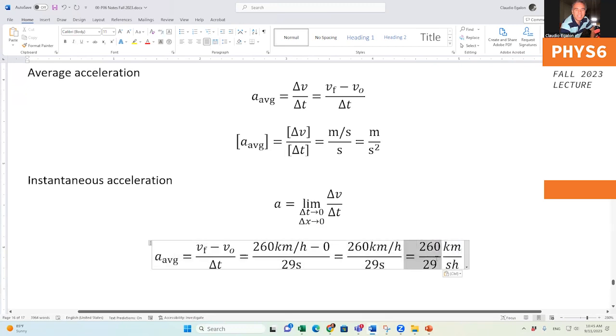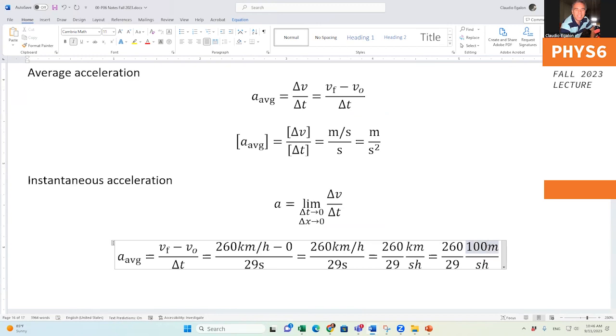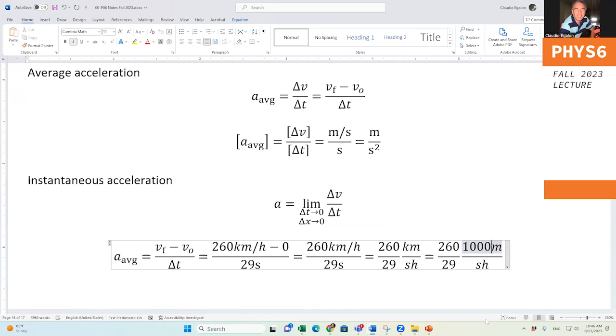If I want to change that to the regular unit for acceleration in the SI system of units, what do I have to do? I have to change kilo to 1,000, right? Kilometer to 1,000 meters, and I have to change hour to seconds, which is 3,600 seconds.